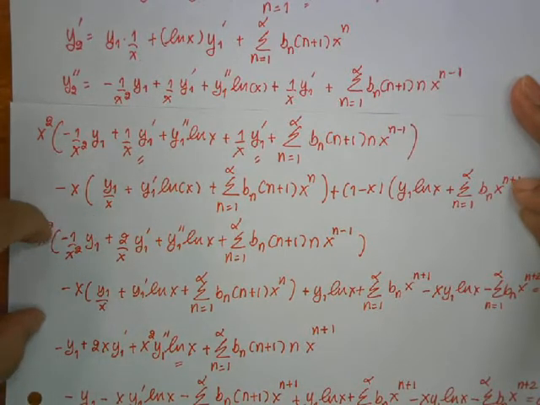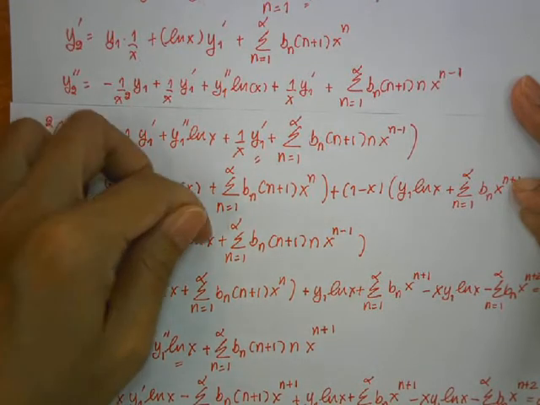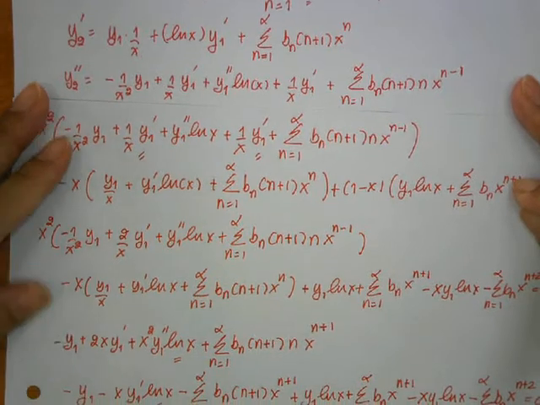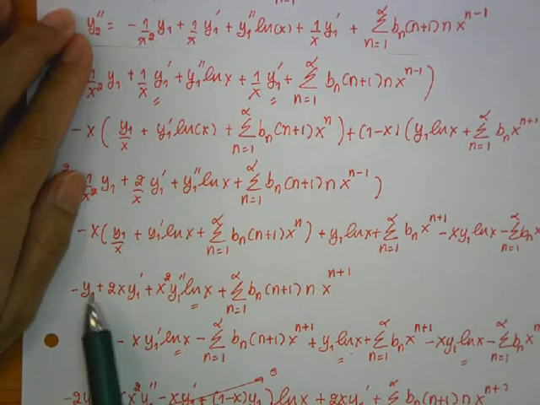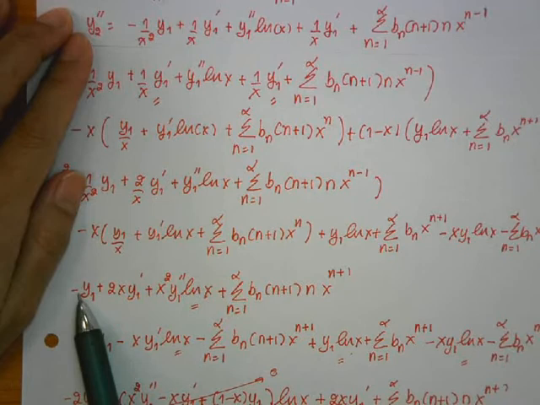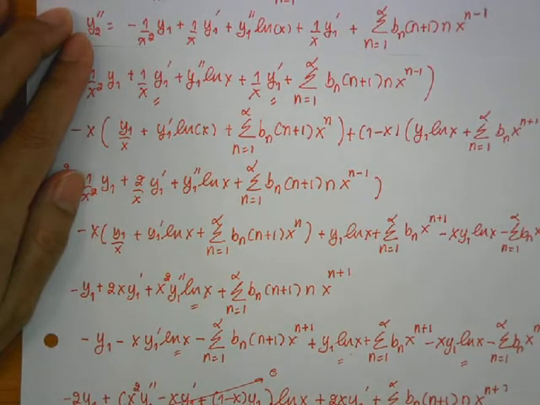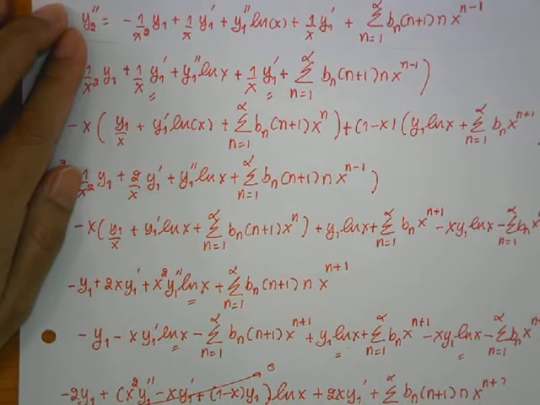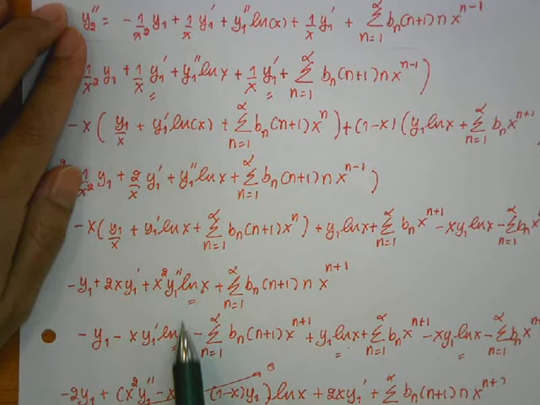Here, I just distribute the terms of x squared into every term there to get this line. And after I get this line, the terms which look the same, for example, minus y1 and minus y1, just combine them together to get minus 2y1. Any term that you can combine together, you just combine them.